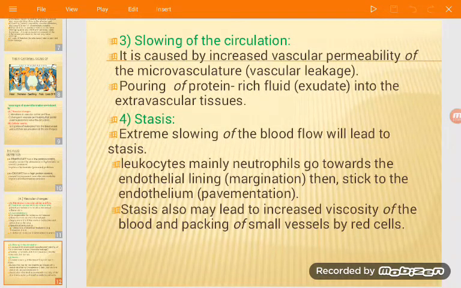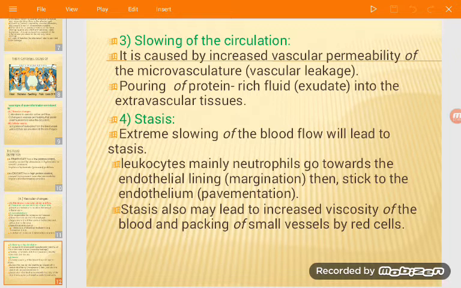Then there is slowing of circulation due to escape of fluid and protein outside, which leads to increased plasma or blood viscosity. This leads to slowing of circulation and stasis.